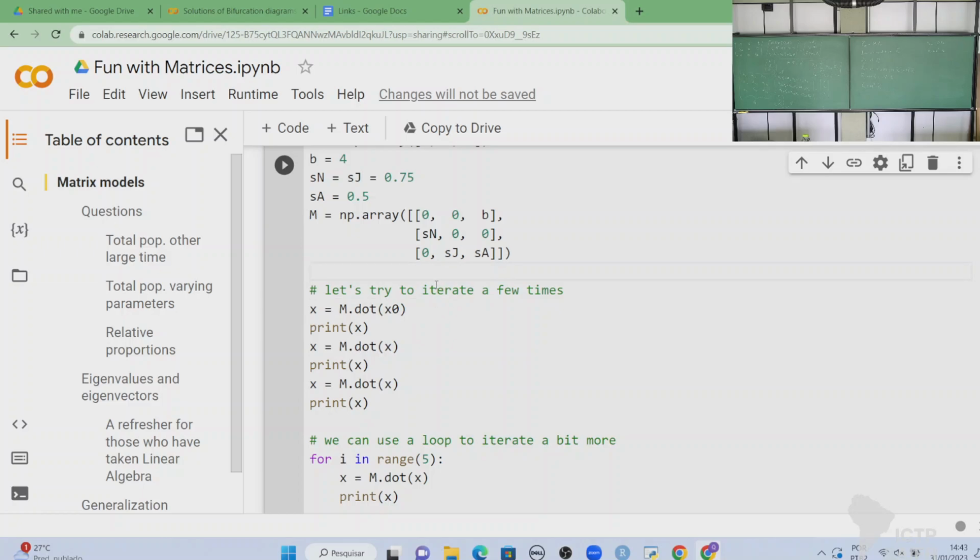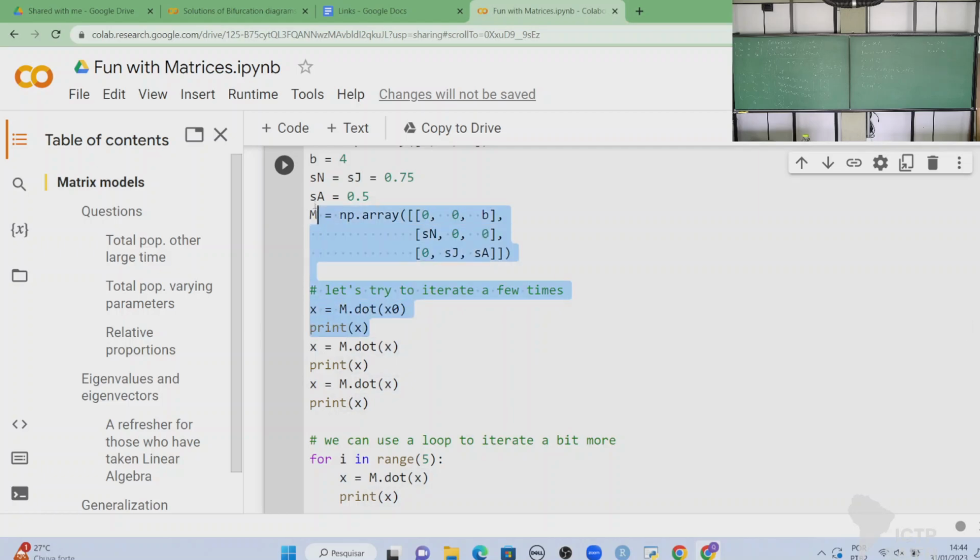We have discussed this before. If you do just an asterisk, it doesn't do the matrix product. It does an element by element product. So what we want instead is to use this method called dot. So M dot x0 does the matrix product, all right?